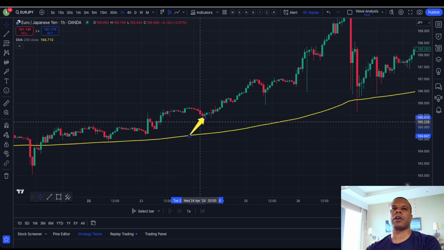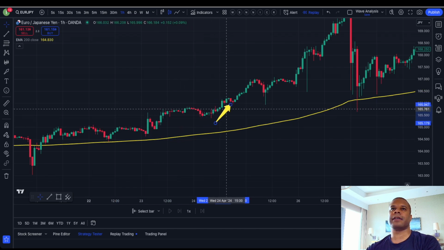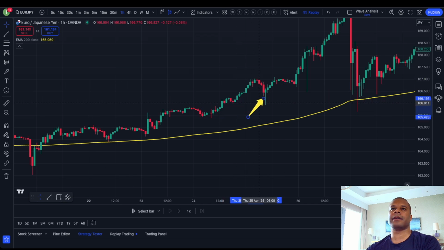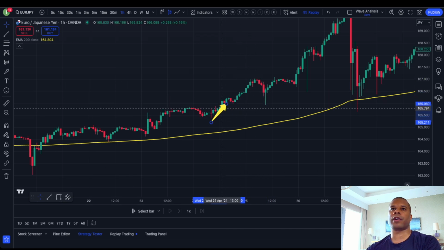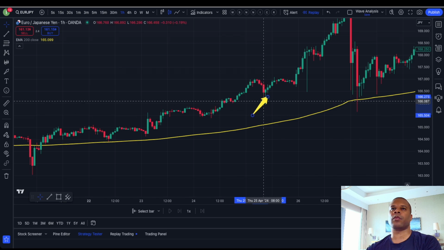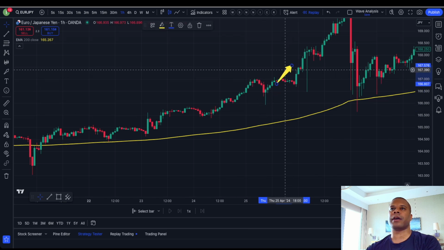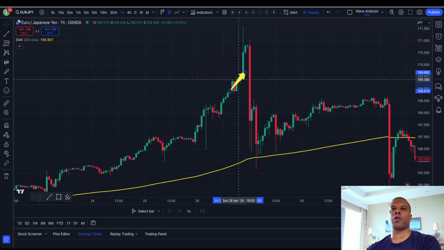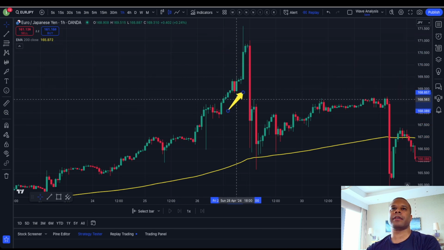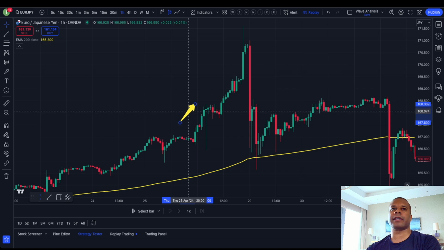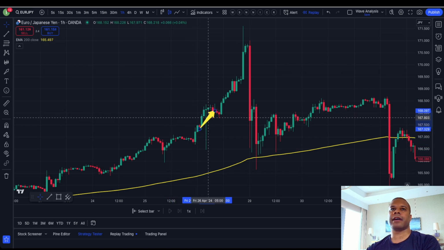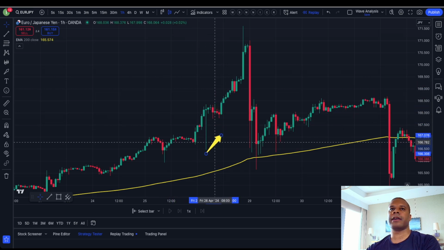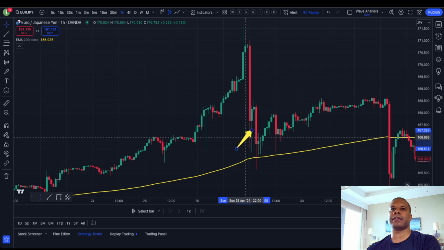You got higher low, higher high, higher low, higher high, higher low. Kind of broke here, this low, but you can see it wicked. And then it continued up, right? Continued up. Then boom, guess what? Boom, big candle, displacement. It broke these highs right here, and these lows. This low right here, and this low here, and displaced.